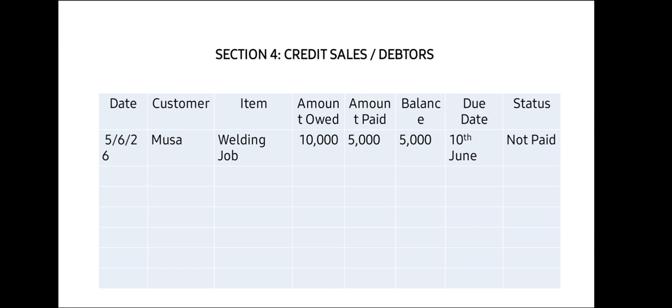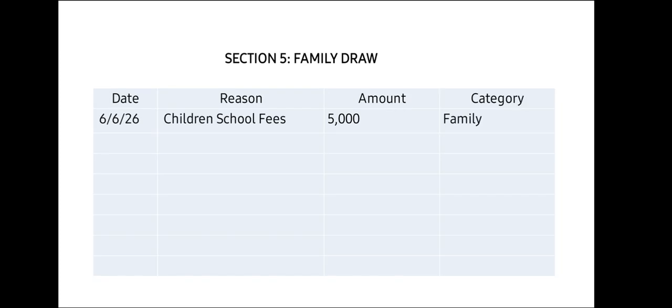Section 5, family draw. This is where you record money you take from the business for personal or family use. In ABA, we always advise every business owner to separate business from family.